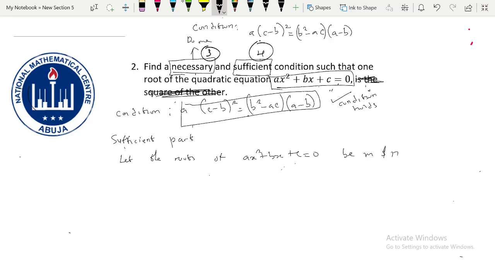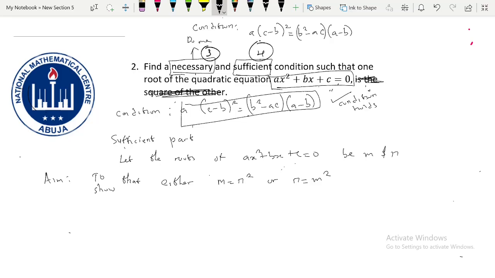So what you want to do now is, this is your aim, to show, so this is a 2-part problem. Your aim now is to show that either m equals n square or n equals m square. This is what you want to do now. I want to show one of these is true. So how do you go about that?